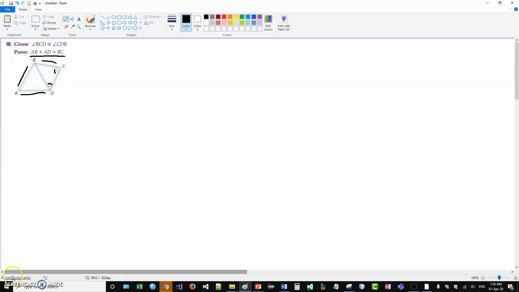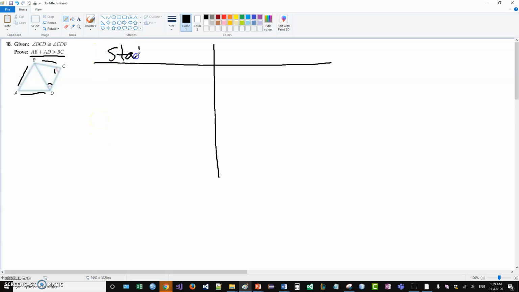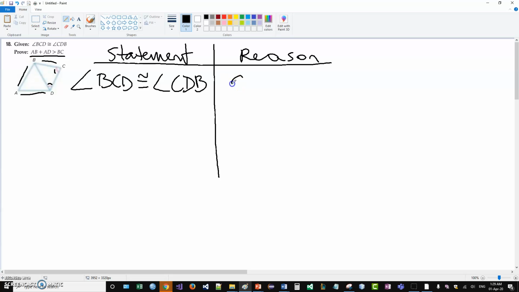We're going to use the two-column proof. Let's start with statement, reason. Again, we start with the given: angle BCD congruent to angle CDB, and that's given.